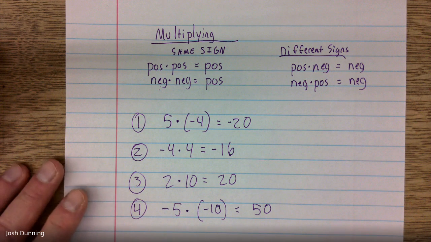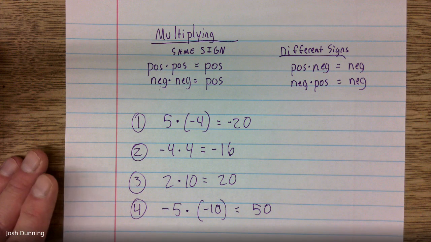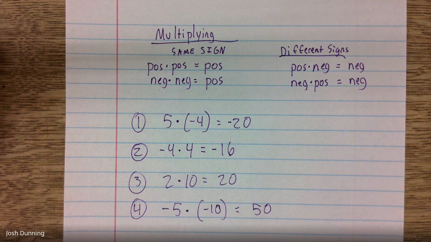Now, the good news is division, and we'll talk about this more, division and multiplication are kind of like the same thing. We've already talked about how they're inverse operations. Like if I take half of something, like multiplying it by a half, that's the same thing as dividing it into 2.